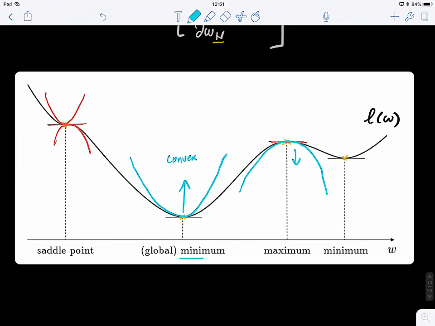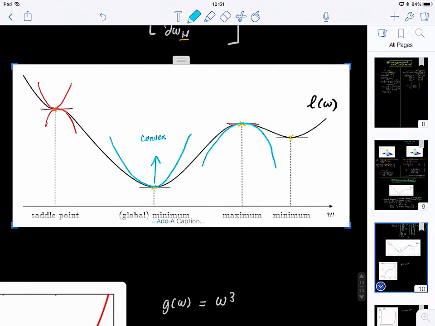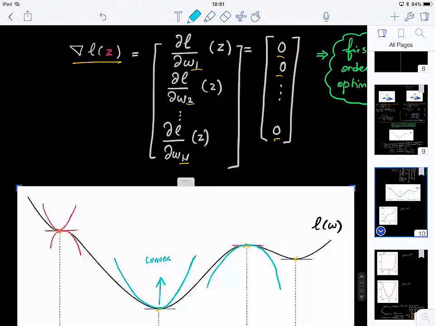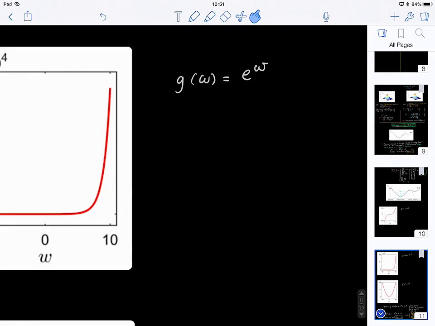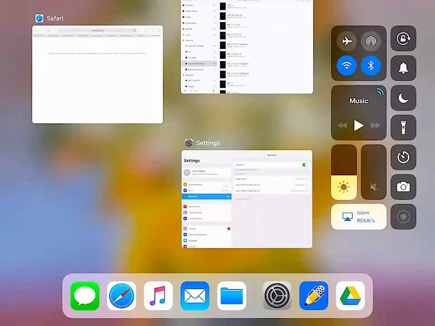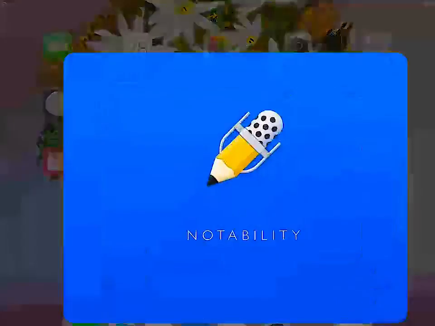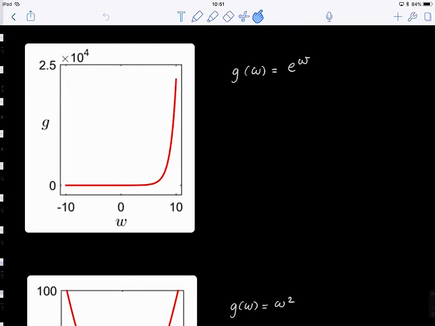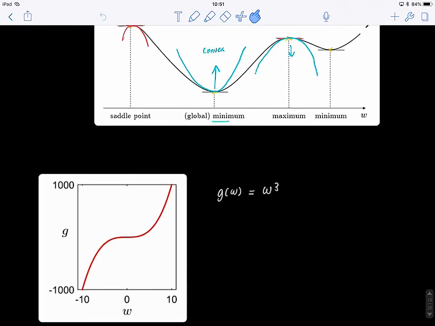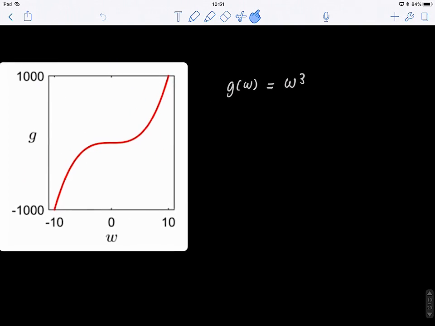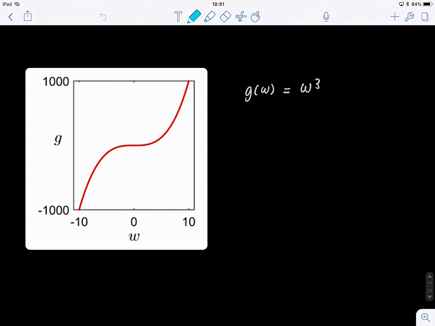Right, so let's look at this case. Okay, cool. You can see, for example, if we compute the derivative of this function, so easy, I'm going to do it quickly.